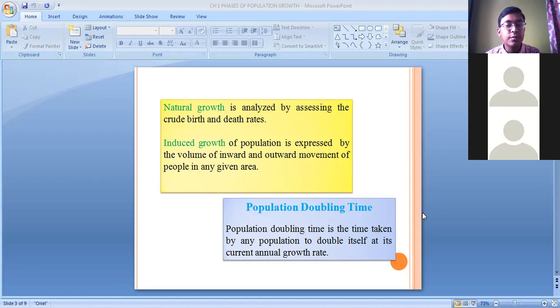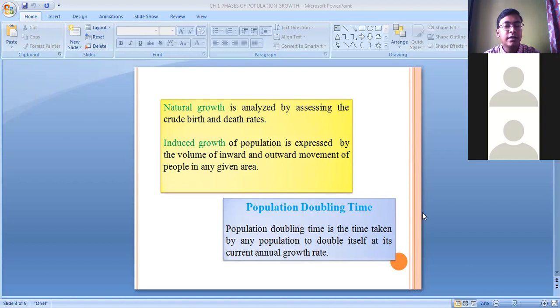So natural growth of population is analyzed by assessing the birth rate and the death rate. In order to find out the natural growth of population, we mainly take help of the birth rate and the death rate. The difference between the birth rate and the death rate is the natural growth of population. On the other hand, induced growth of population is expressed by the volume of inward and outward migration of people in any given area.